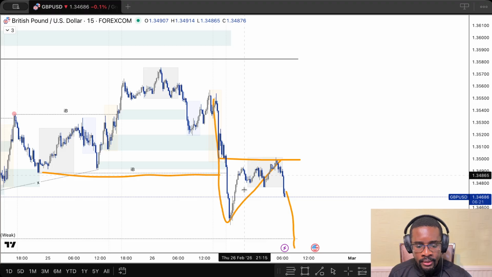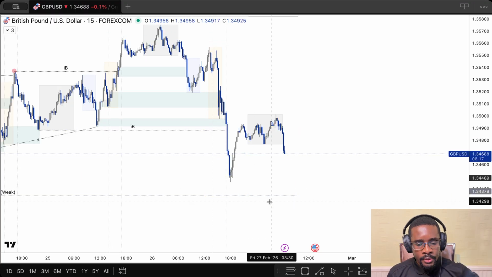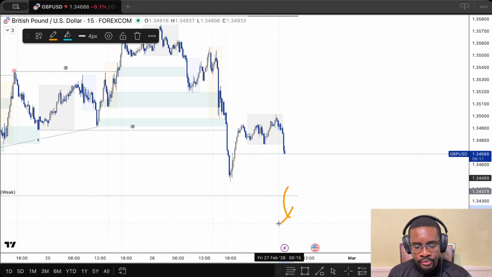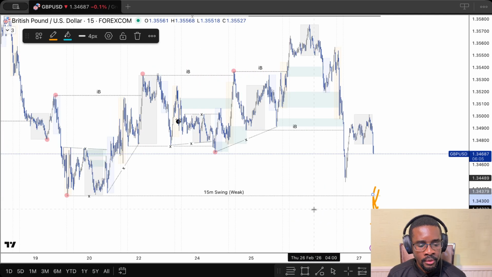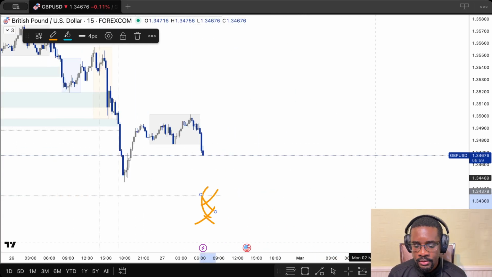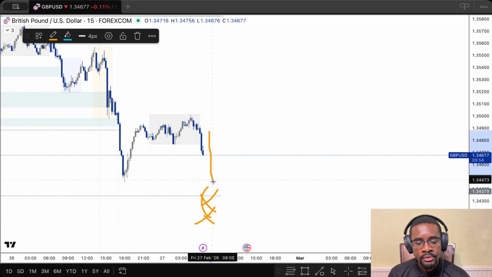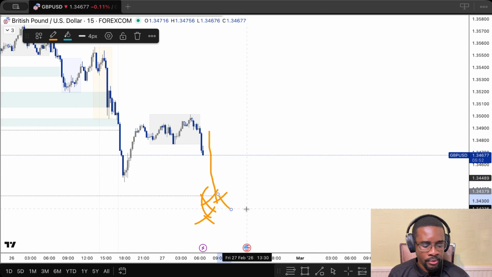In terms of buys, we might look for buys after price takes out this area, after price takes out these lows. As it stands, it's most likely that price will just continue to melt until it takes out this area.